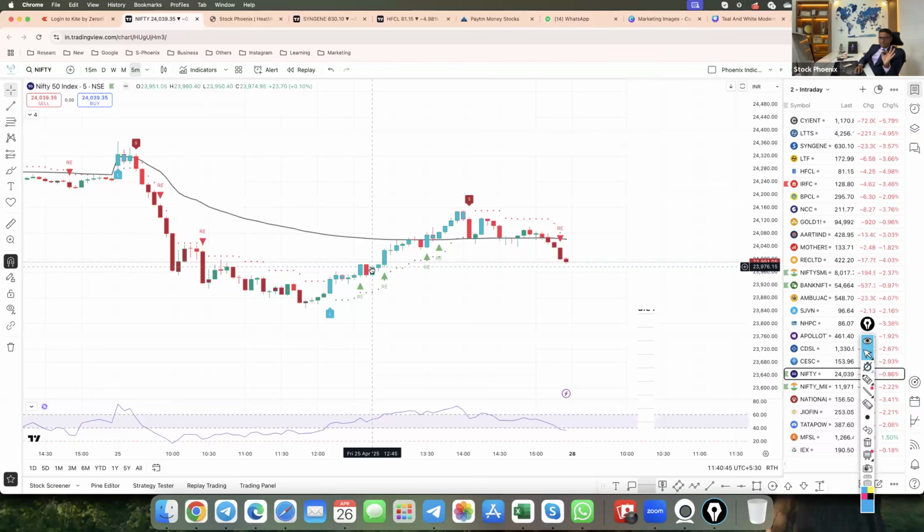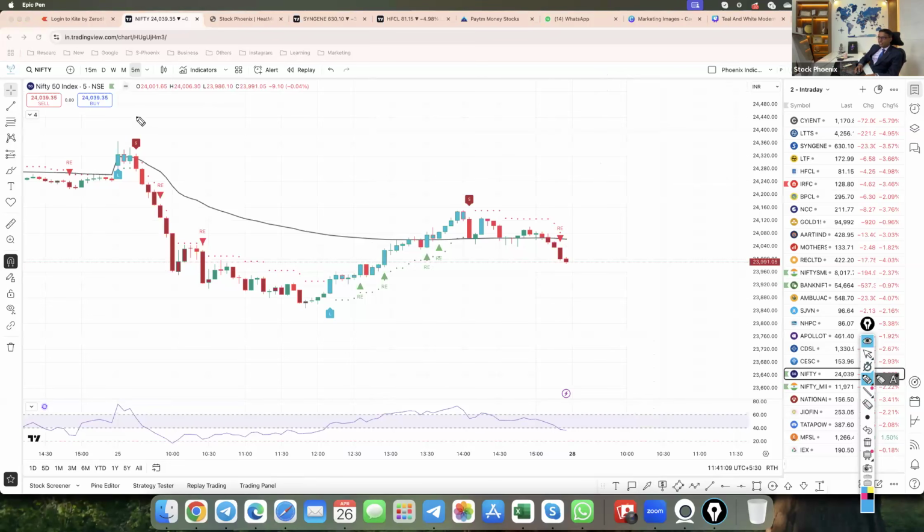My answer is very simple. Candle has to close above the black line. Is it clear, everyone? Be very straight to the point. No confusion. Perfect. Now, once everybody has understood this topic, let's go to the next one.